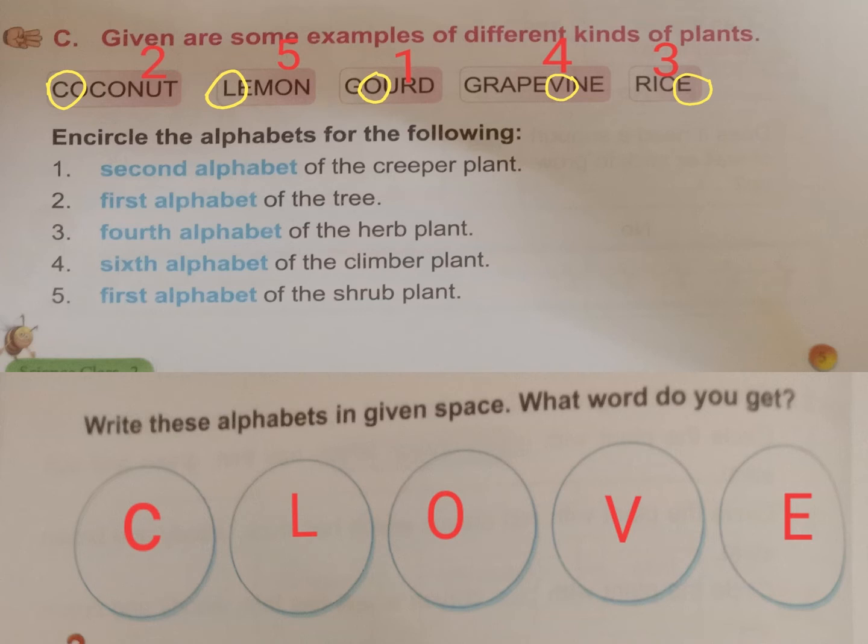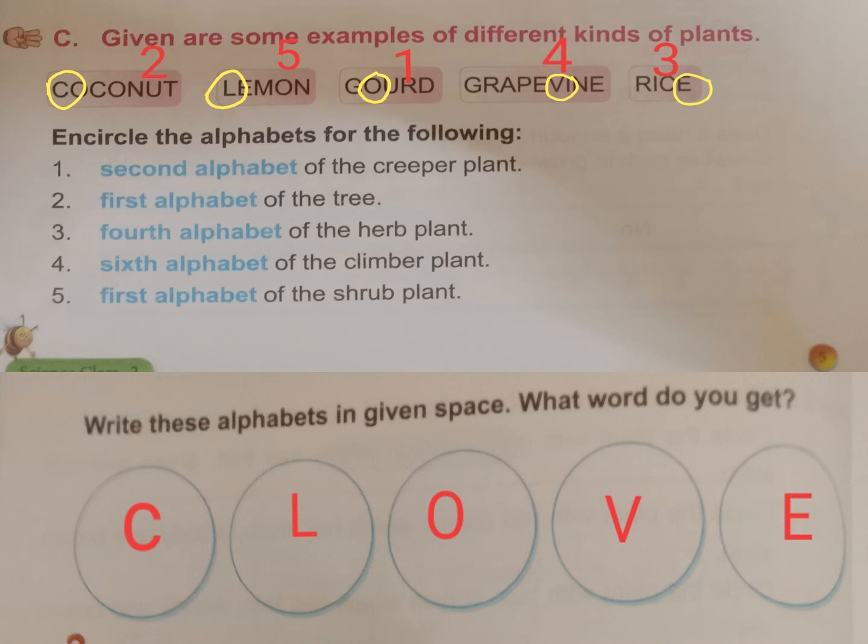In this example, the second alphabet you want to circle. Now, shall we read the spelling? G-O-U-R-D. G-O-U-R-D. What is the second alphabet? O. What is the second alphabet?